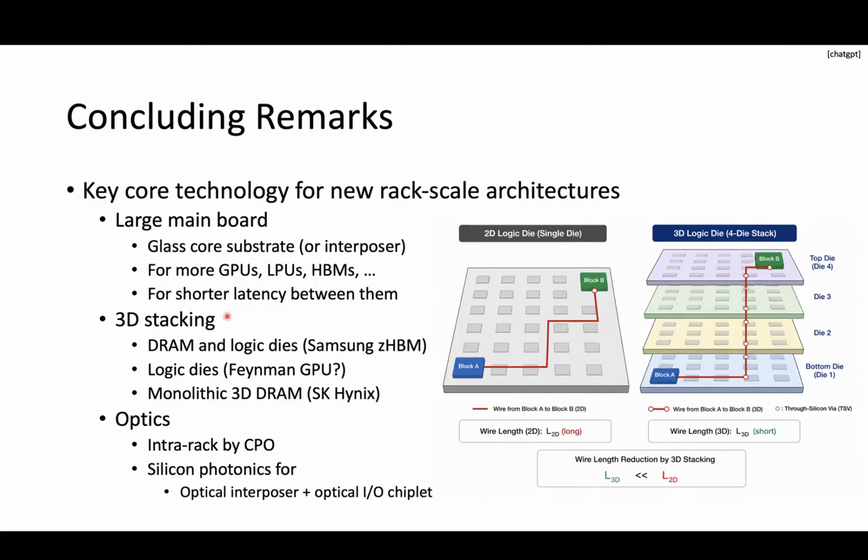And 3D stacking is also very important. So we can think about several possibilities of 3D stacking. We can stack DRAM and logic dies. Samsung already demonstrated the feasibility using their own product name called GHBM. And we can also place logic dies on top of logic dies, like this one.